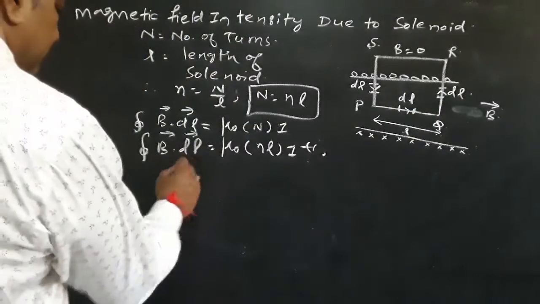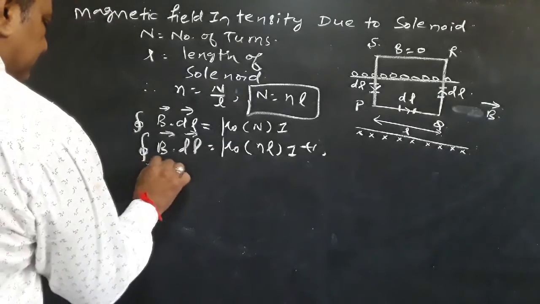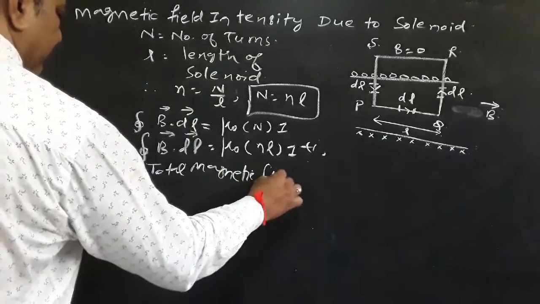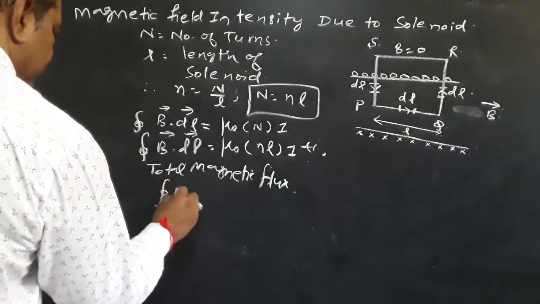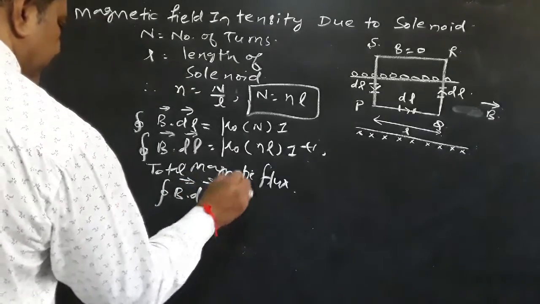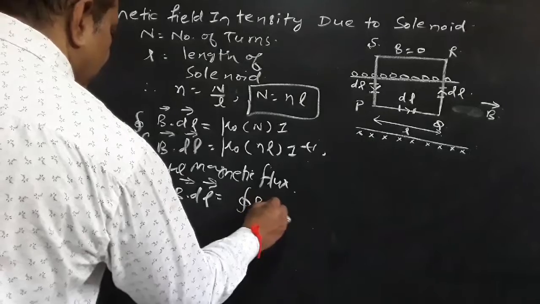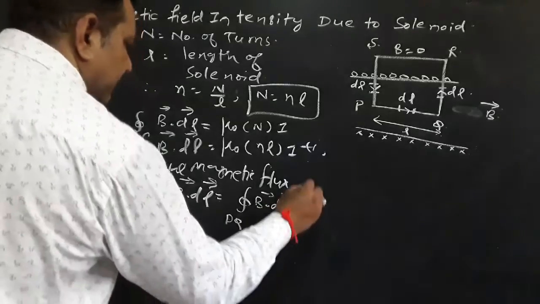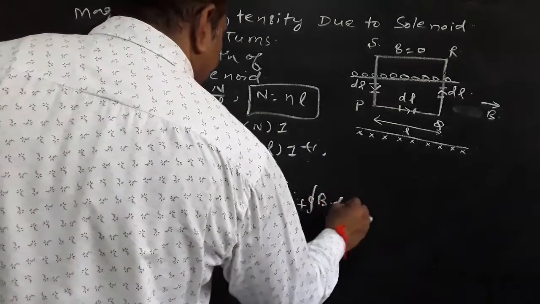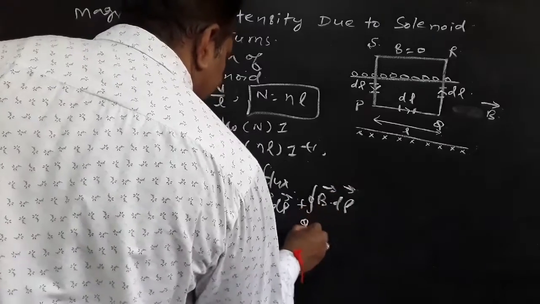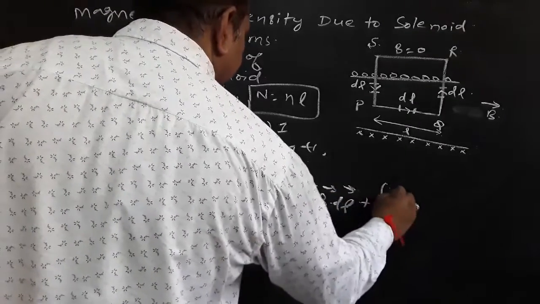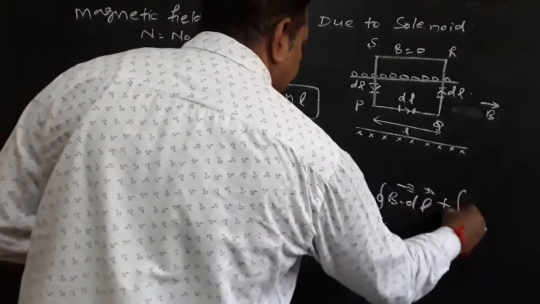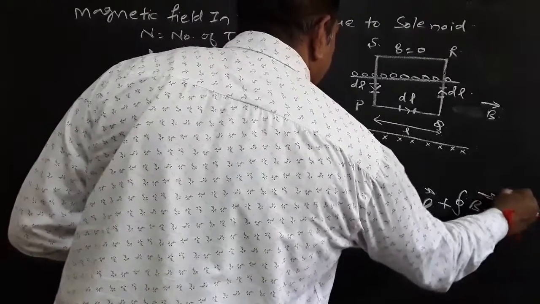So now we can write the total magnetic flux, B dot dl, that is equal to B dot dl along PQ plus B dot dl along QR plus B dot dl along RS plus B dot dl along SP.